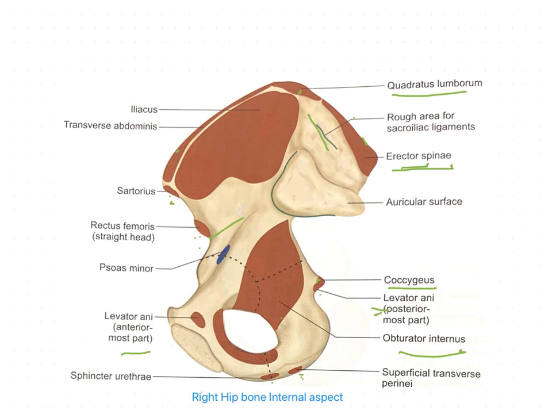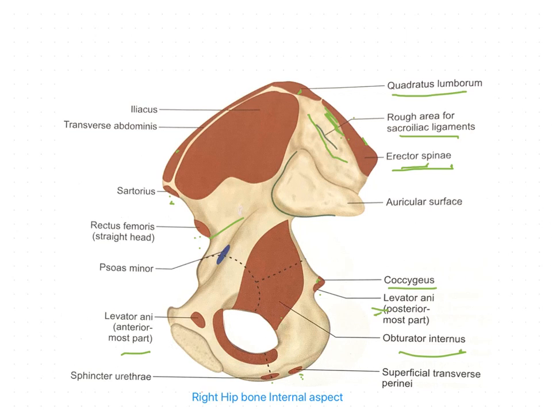So the greater part of this rough area gives attachment to the sacroiliac ligaments, and more posteriorly it gives attachment to the dorsal sacroiliac ligament, and it gives attachment to the iliolumbar ligament superiorly. So mainly all the sacroiliac ligaments as well as the iliolumbar ligament, which is attached superiorly to this iliac tuberosity.